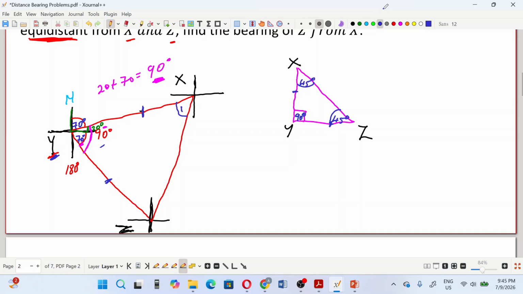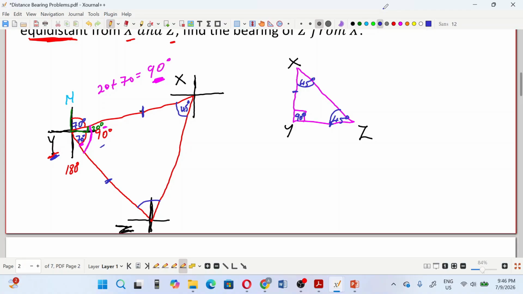But remember, we have two angles there. So how do we know which one is 45? We know the whole of that is 45, but we have to divide it into two because it has been divided into two.